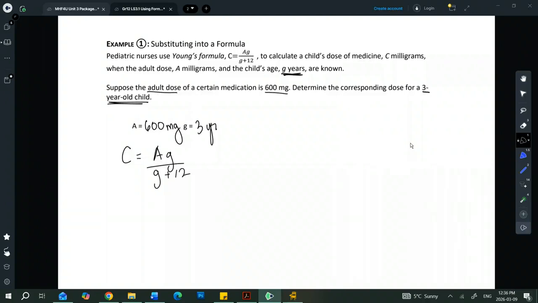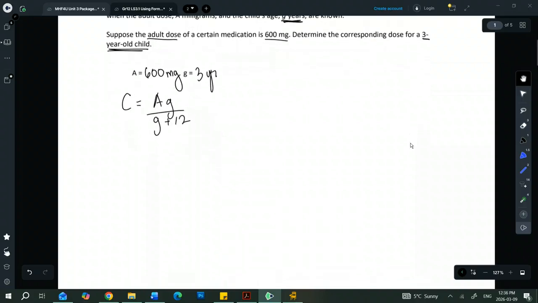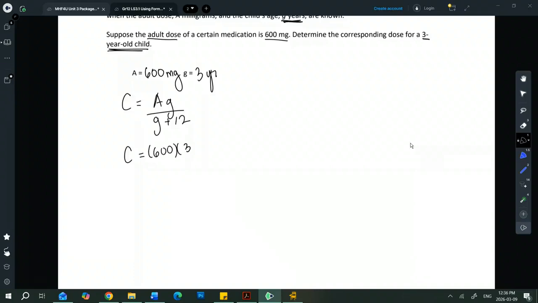C equals AG over G plus 12. And then tell me what you would get when you sub in. So what did you plug in? Okay, perfect.